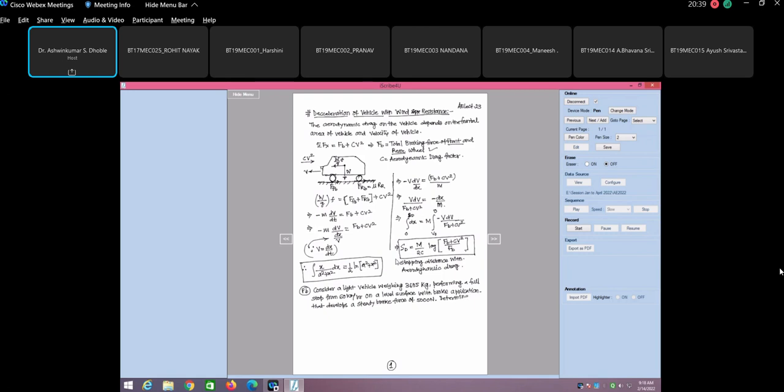Determine the deceleration, stopping distance, time to stop, energy dissipated, and the brake horsepower, or it should be brake power, since horsepower is used in the MKS system.